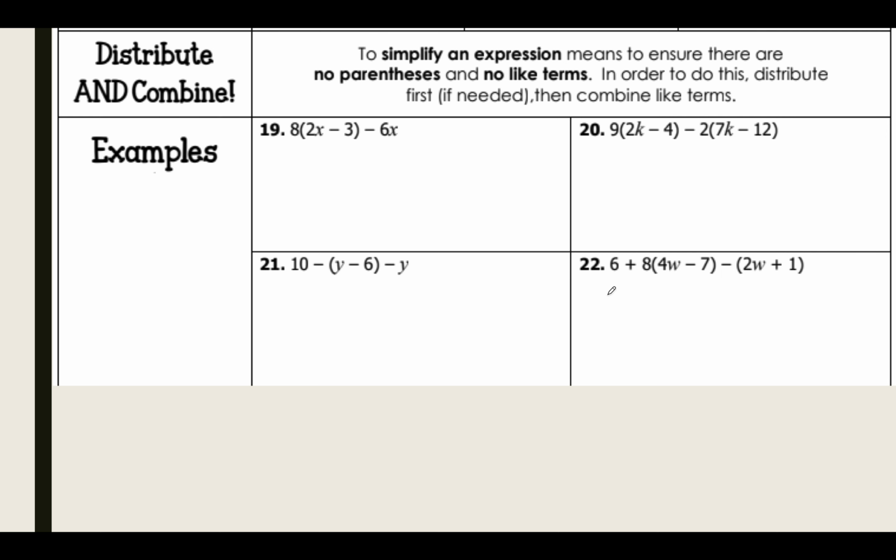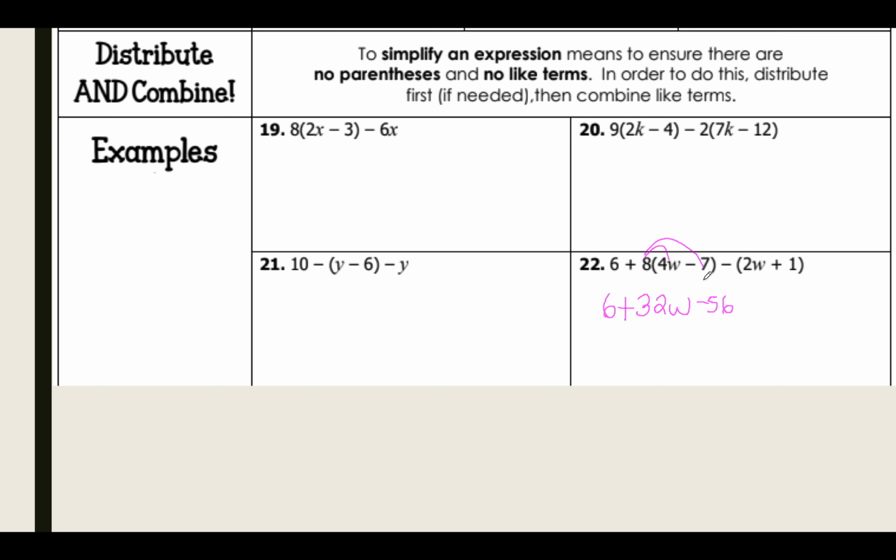So this 6 plus is just going to come down because it's not a part of our distributing. We'll distribute that 8 to the 4w. 8 times 4 is 32w. 8 times negative 7, again, don't think about it more than 10 seconds, is negative 56.